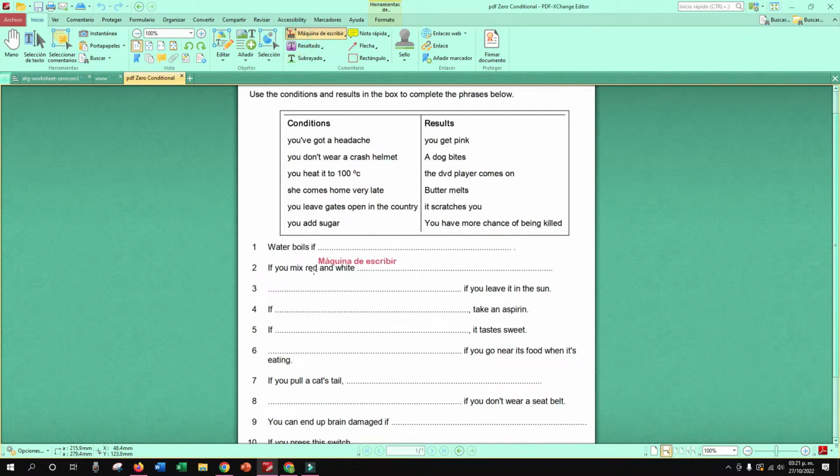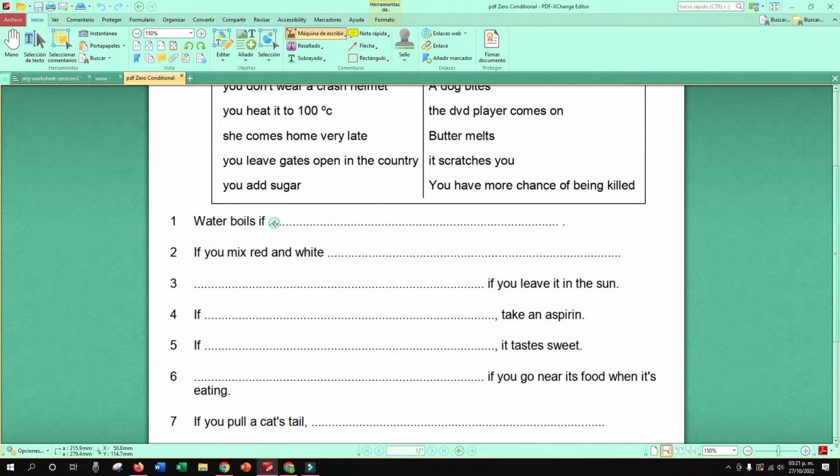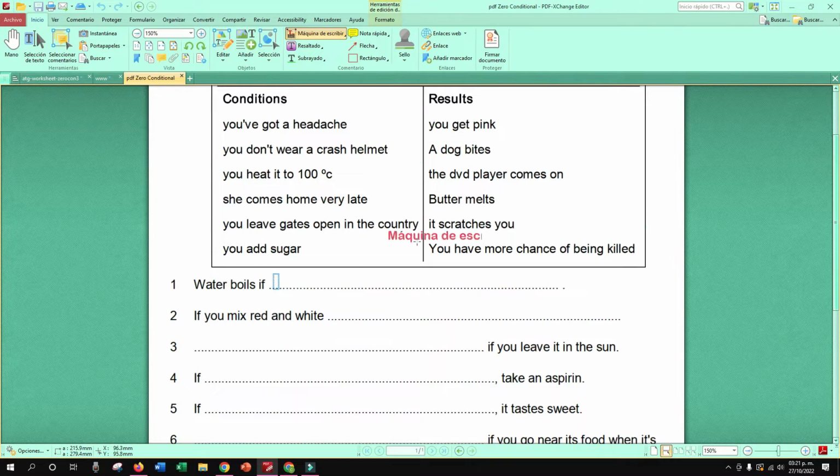So let's do the first one. Water boils. Let's zoom out. Water boils if. Let's check here. If condition, if you what? Heat it to 100.